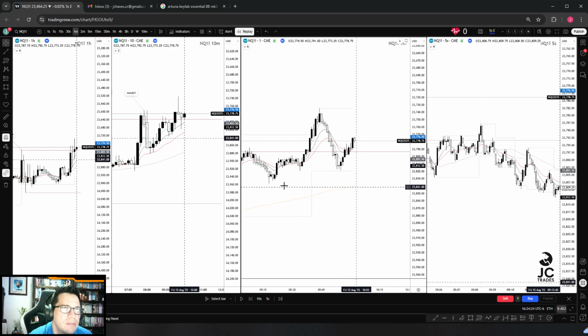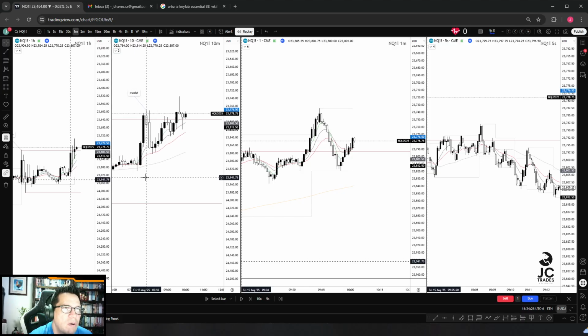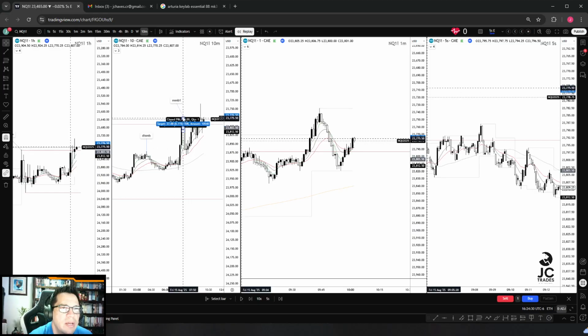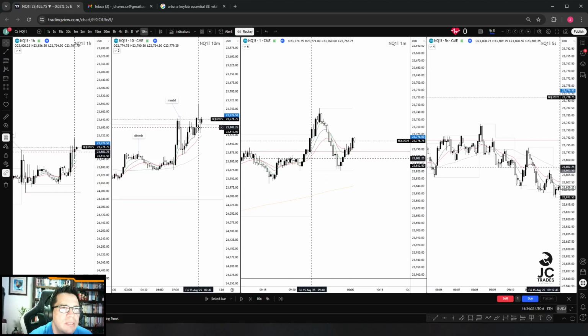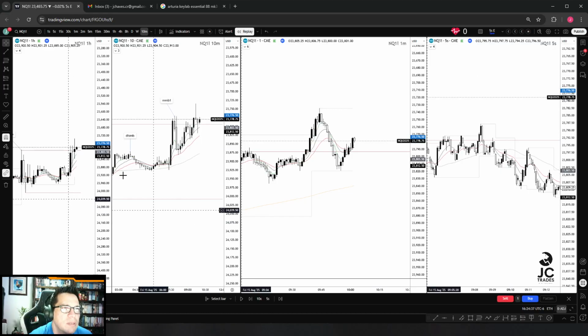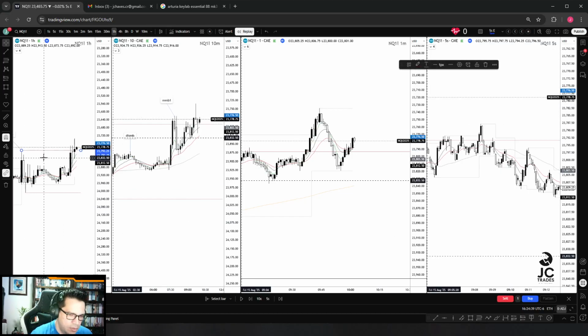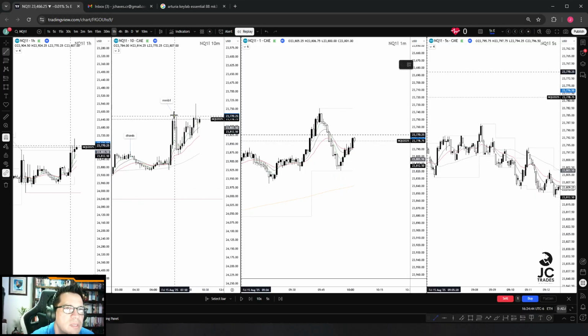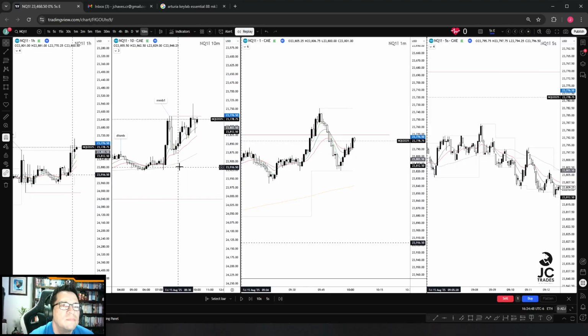So if we take a look here on the context time frame, we are, I believe, still waiting for a validation. I'm going to remove this line here and place this one here just to make it easier to follow.